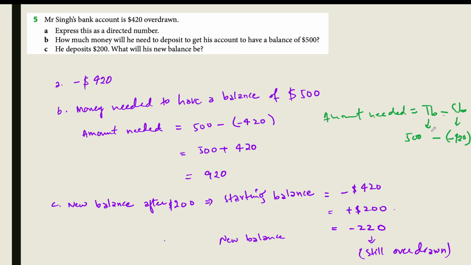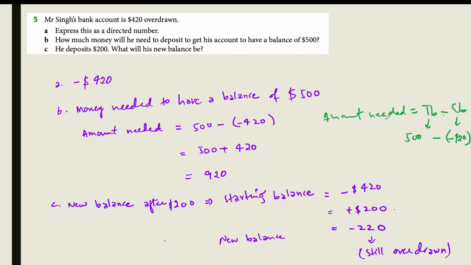So we write 500 minus (minus 420). Keep in mind that subtracting a negative number is the same as adding a positive number. So minus into minus will become plus. So 500 plus 420, 920.